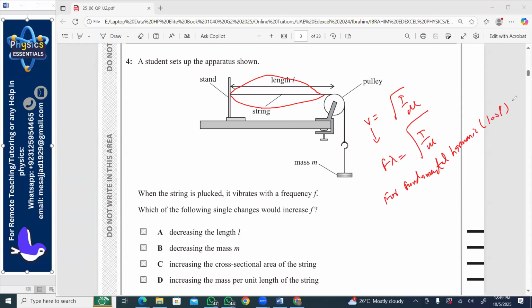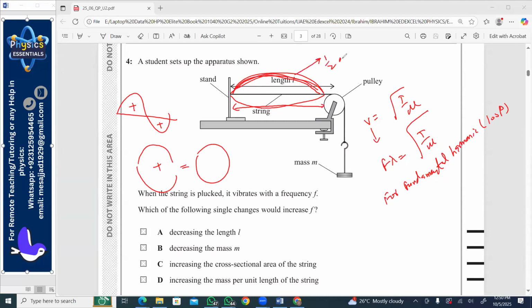So just the minimum loop you can have is just one. And for that, you have just half wave. This is not full wave. Full wave is this much, okay? So this is one half and this is one half. When you add these two halves together, it makes a full wave. But this is only half of a wave.